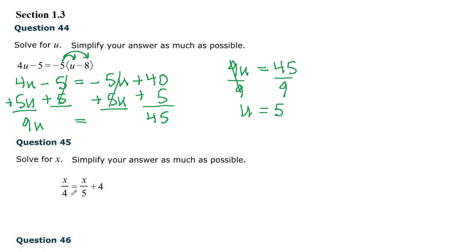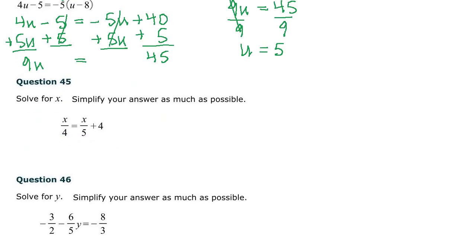Here's another example. Here we've got some fractions in there, and that's okay. If you get an equation with fractions in it, what you want to do is multiply through by the LCD of all the fractions. So in this case, it's 20. So I would multiply on the left by 20, and then also multiply on the right by 20. So when we multiply on the left, 4 goes into 20 5 times. So that leaves us a 5x.